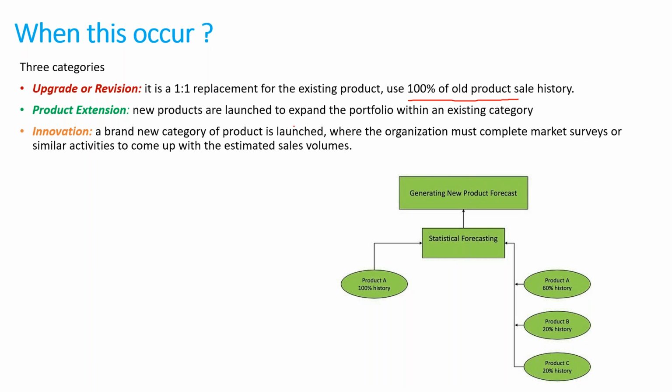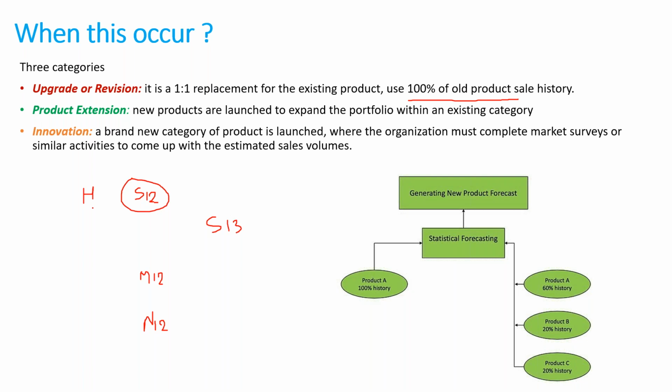So it's a business decision. If you want to launch the S13 product, S13 is my new product, S12 is already there, and let's say M12 is already there, and also N12 is there, etc. So you think that I can calculate the forecast for S13 by taking a reference of S12 sales history.